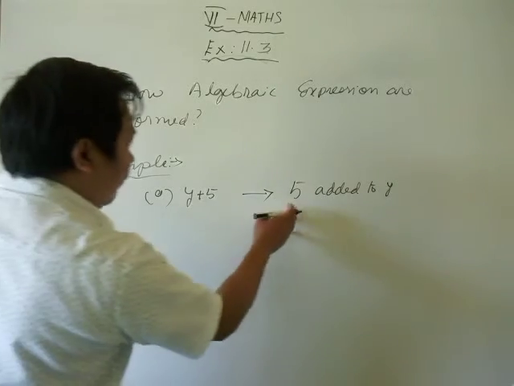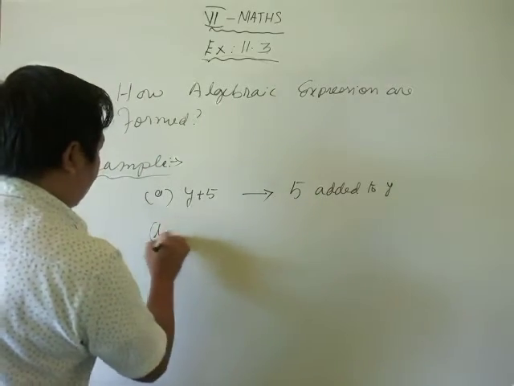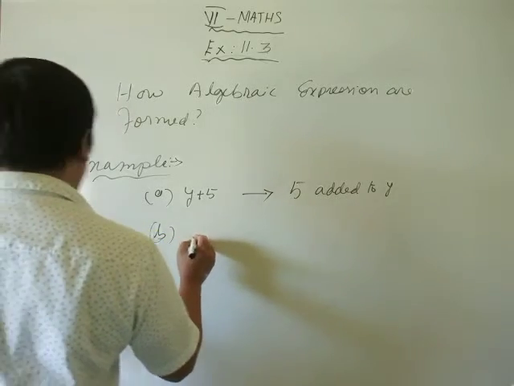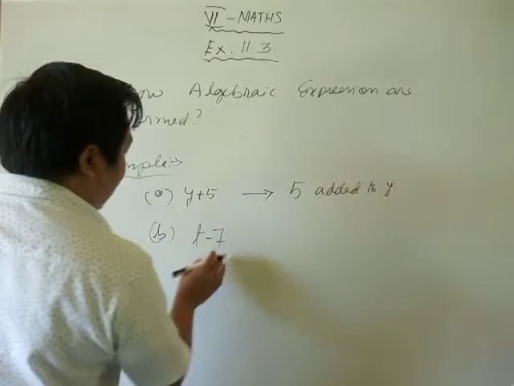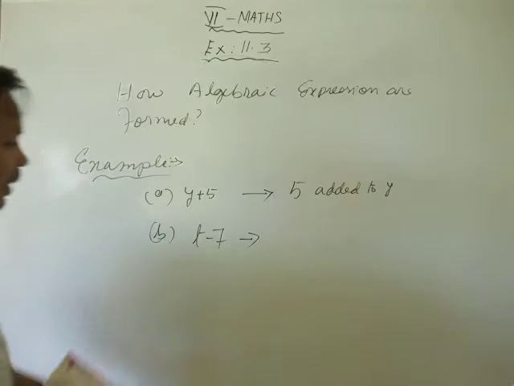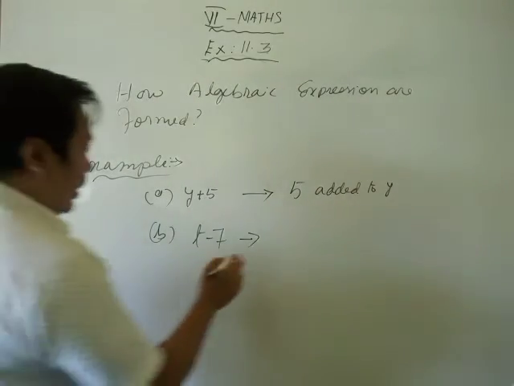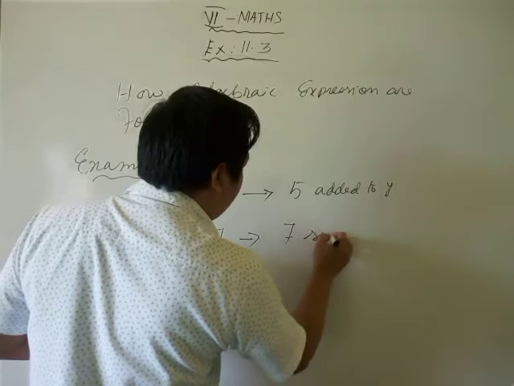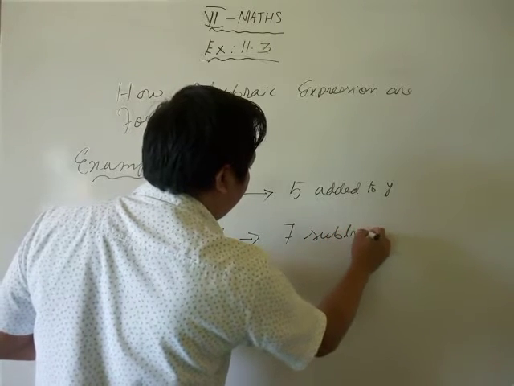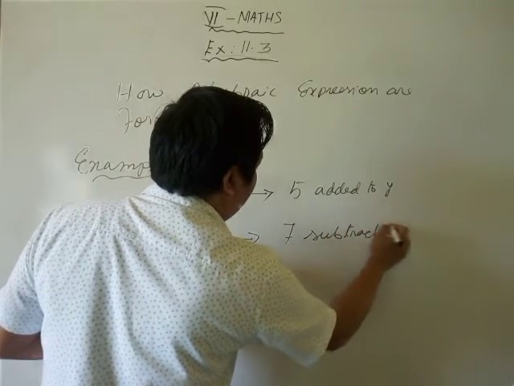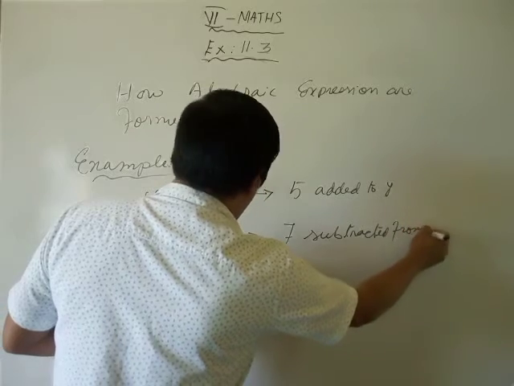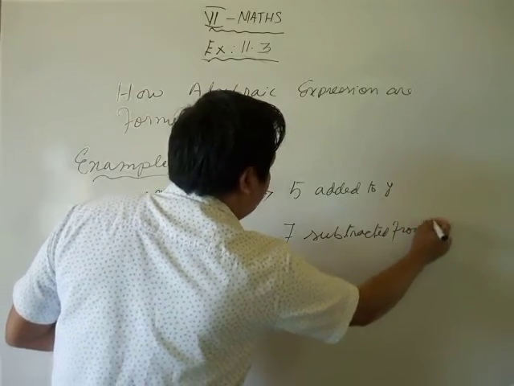Next we have t minus 7 as the expression. It is formed as 7 subtracted from t.